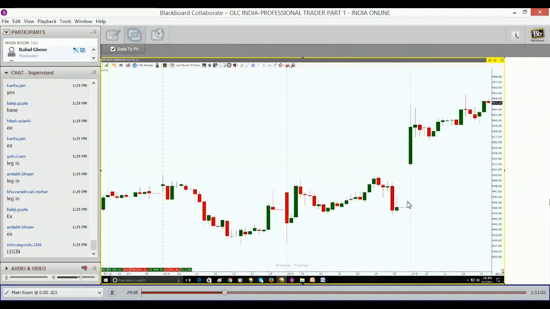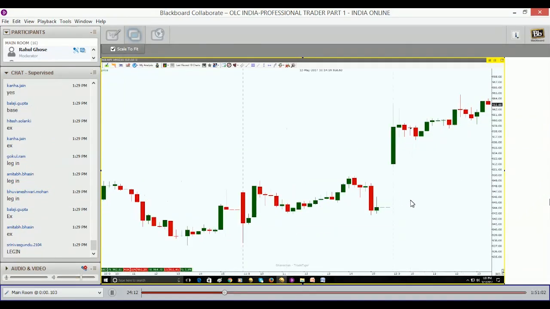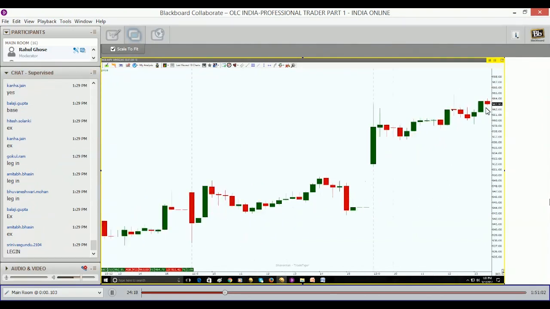Okay, I'm looking to mark my demand zone in Infosys, friends. Now, where can you see an explosive move in price when you start with the current market price? Where can you see an explosive move in price?